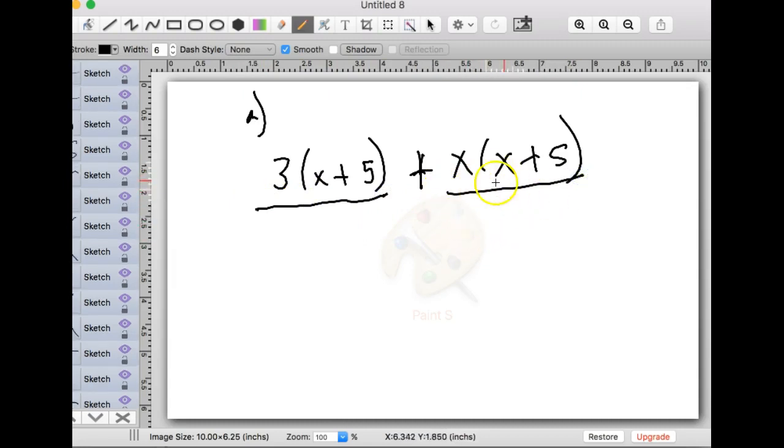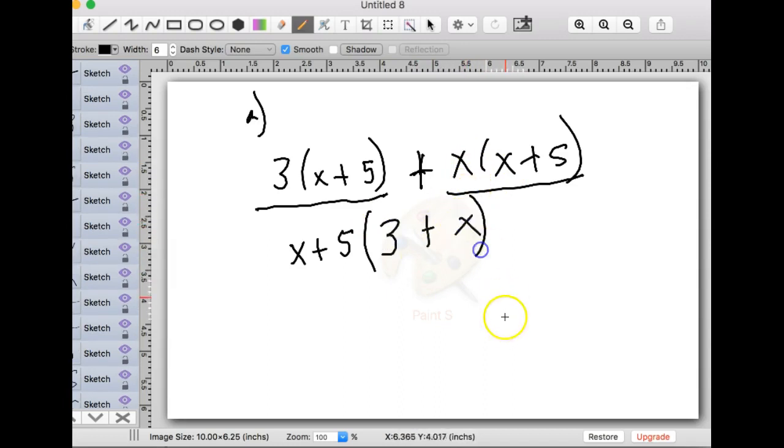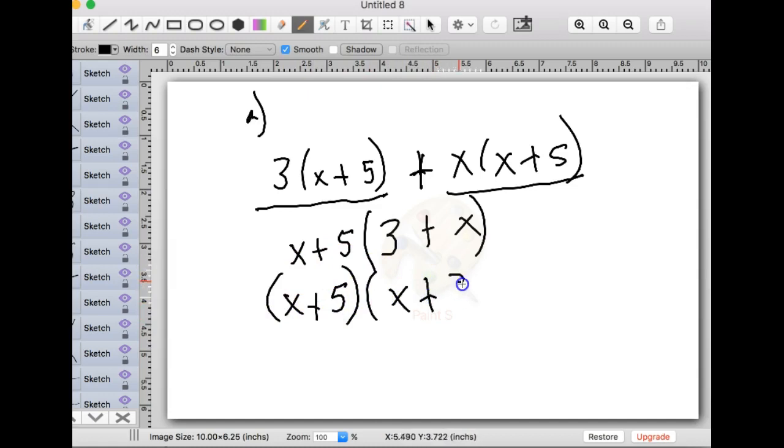They're being multiplied. So what do they each have? They each have an x plus 5. So if I pull out x plus 5, what's left here? The 3, right? Plus, if I pull out the x plus 5, what's left here? X. And I can rewrite that as x plus 5 times x plus 3. Just like that.